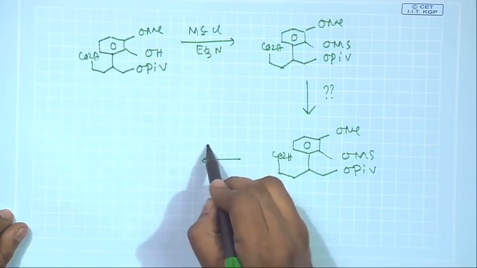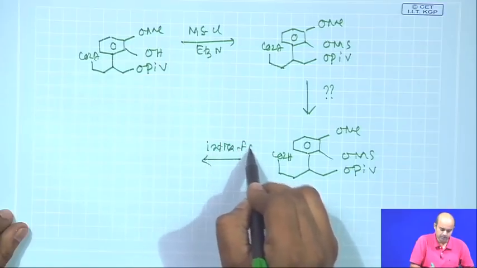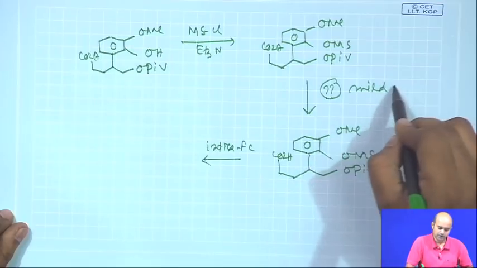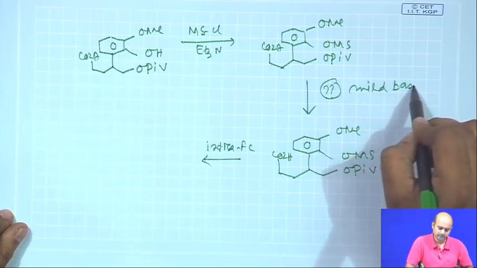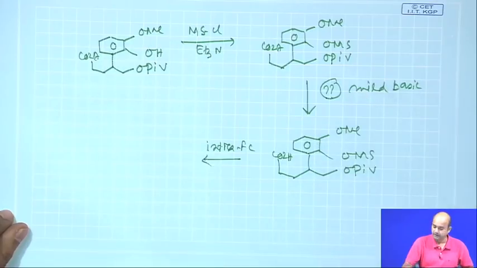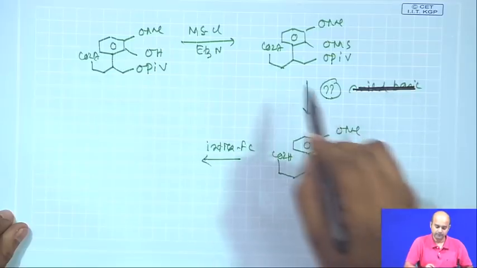So, now you do an intramolecular Friedel-Crafts. Here you can do a mild basic hydrolysis, or alternatively you can do an acidic hydrolysis, which is much more relevant.